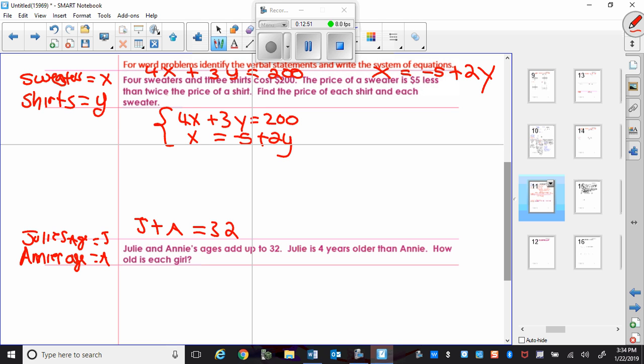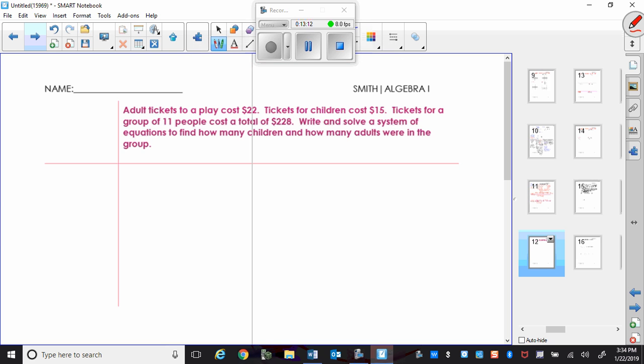So Julie, that's J, is means equals, 4 years older means plus, 4 plus A. There's my system. I write out my system. I have J plus A equals 32. Then J equals 4 plus A. And there's my system.